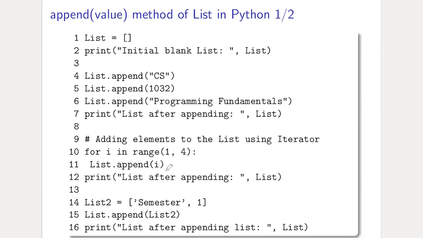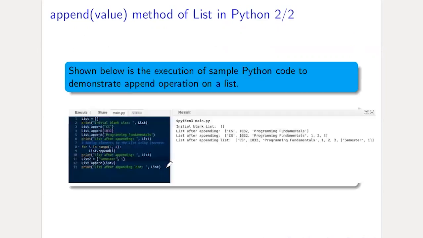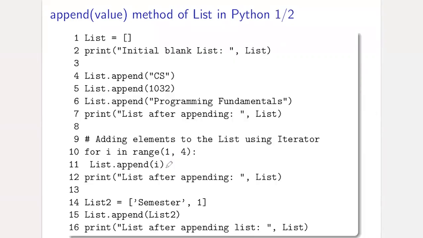Let me show you the code. Sometimes the image is too small, so let me explain from the text here. So this is the original list, a blank list.